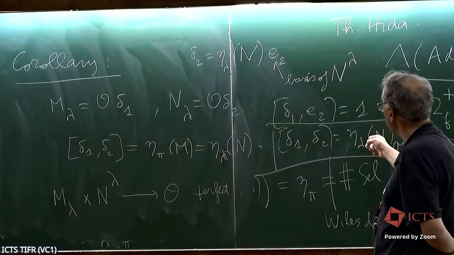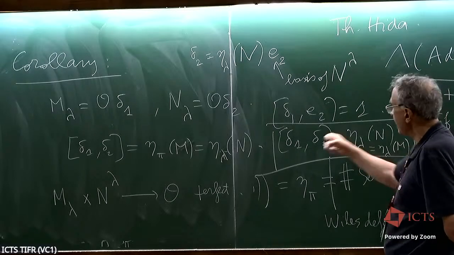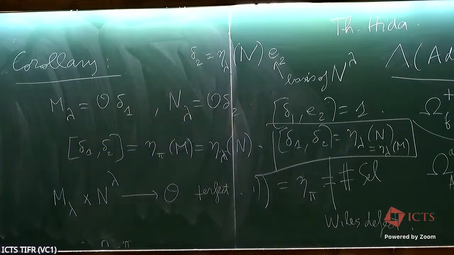So you see that you can compute this cohomological congruence number as a pairing between M^Λ and N_Λ.